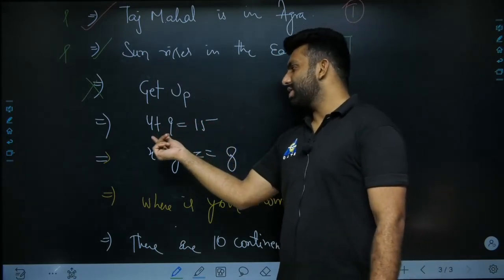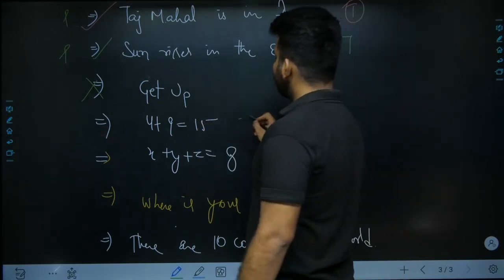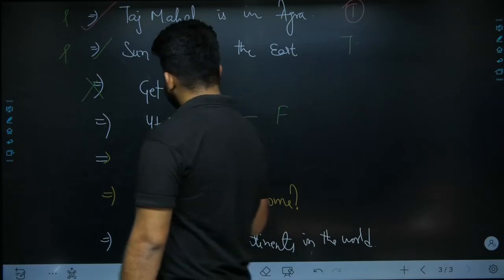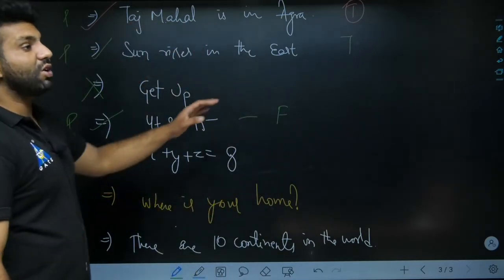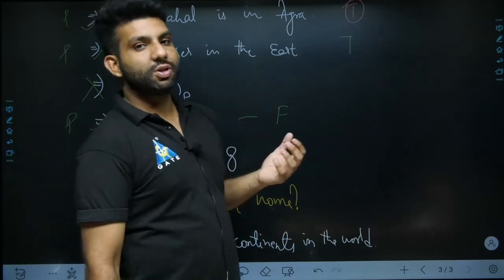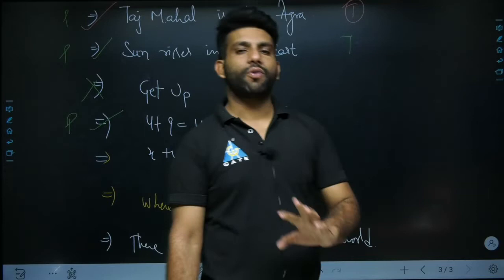So the value is false. It was a declarative statement and it's a proposition. Having a false value doesn't mean that it's not a proposition. A proposition means a declarative statement which will have either a true value or a false value. That's it.